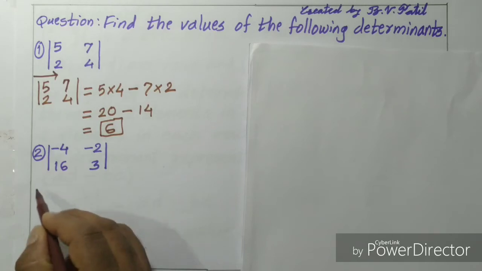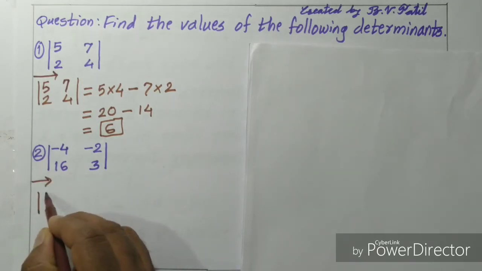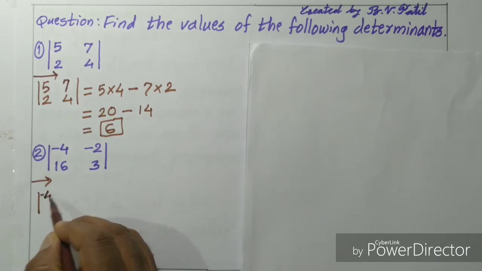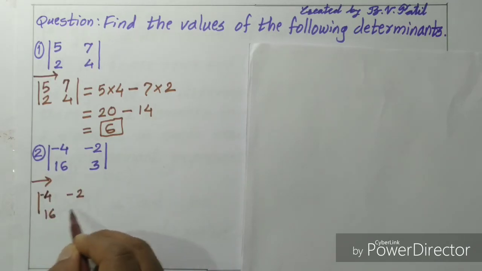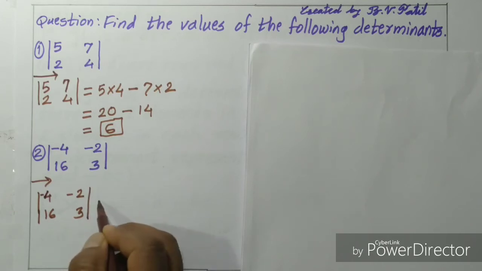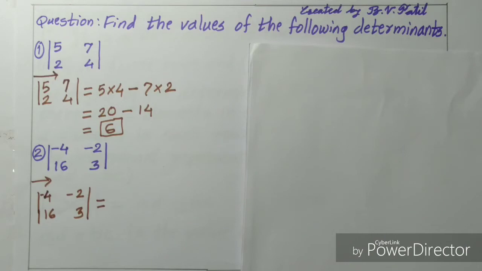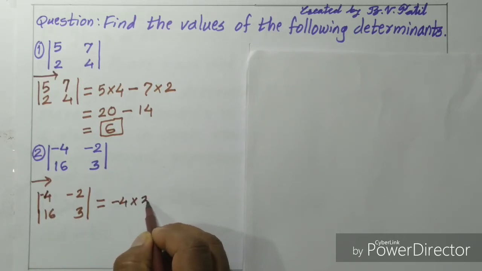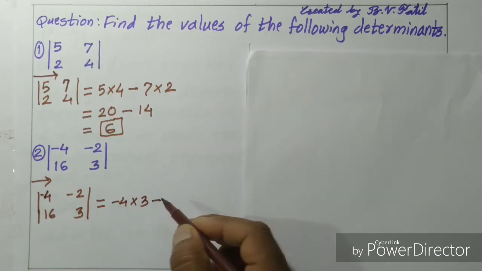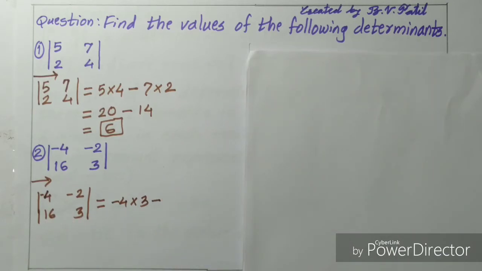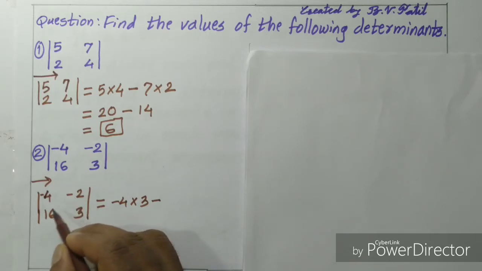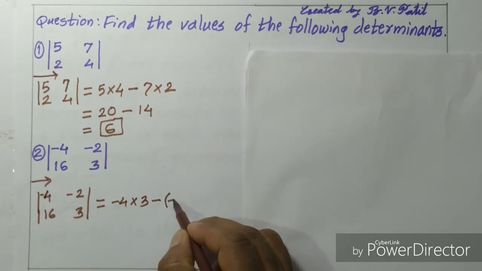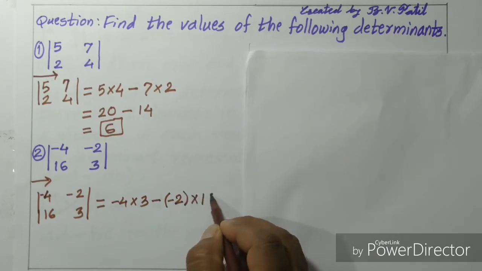Then the second question. The next determinant is given. The first multiplication is -4 into 3, minus -2 into 16. -2 is a negative value into 16.